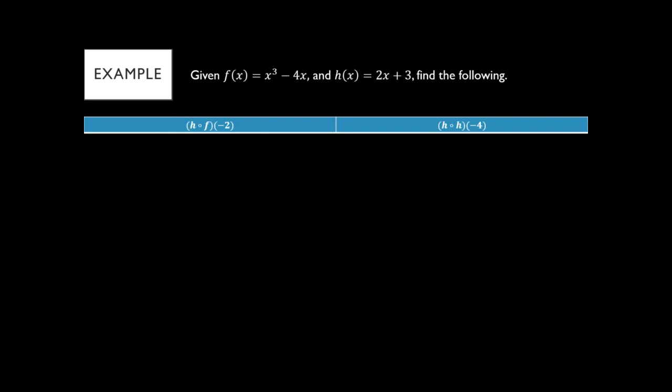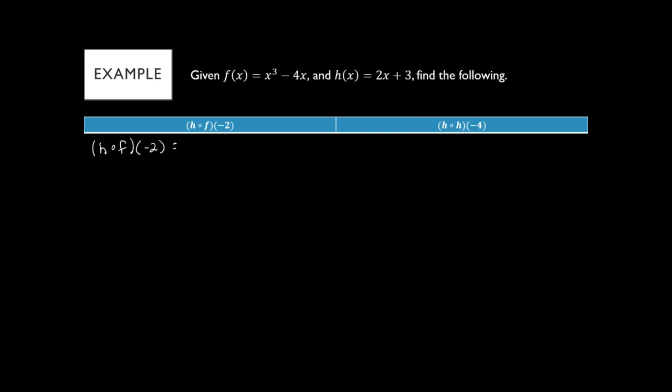So we've got F, which is x cubed minus 4x. And then we've got H, which is 2x plus 3. Now on the left, we have H compose F of -2. When it's in that form, that means you're plugging -2 into x.